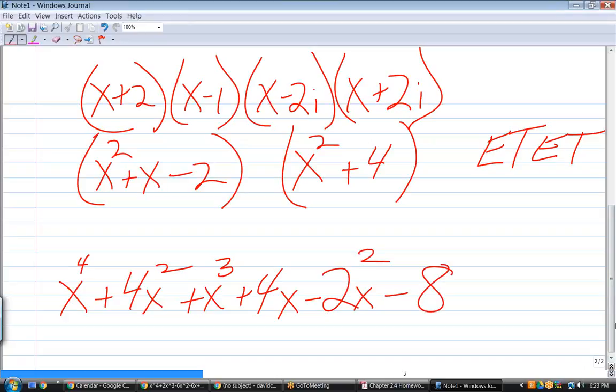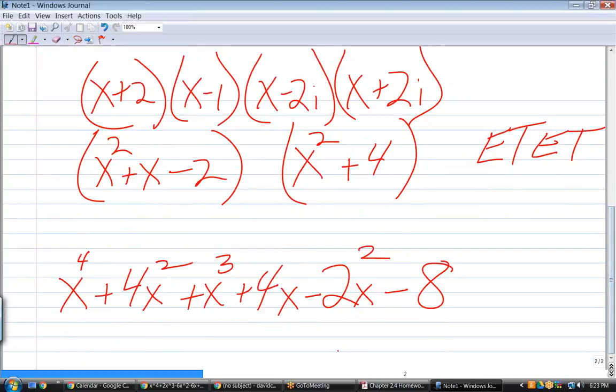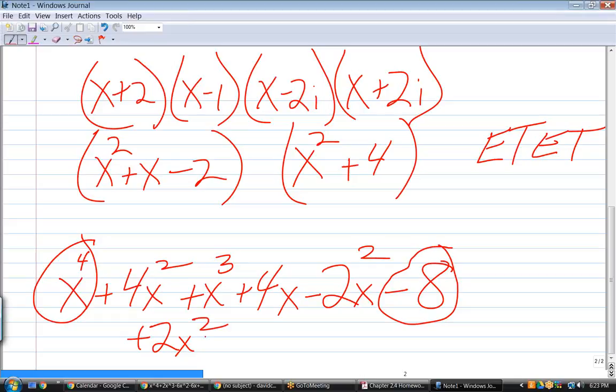And we can generally simplify this because there's only going to be one x to the fourth term, and there's only going to be one constant. But the stuff in between, notice that we've got some other stuff. So we have a net 2x squared, and we have a plus x cubed. And we have the x to the fourth, and plus 4x minus 8.